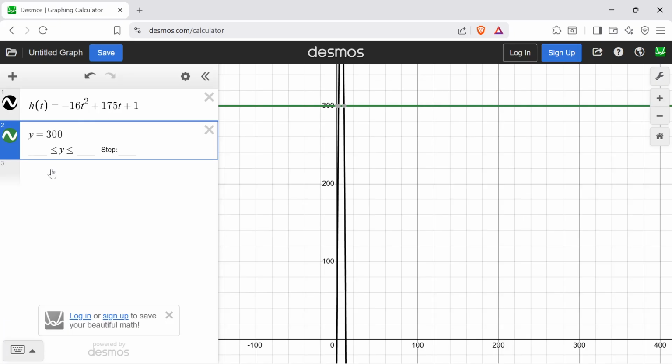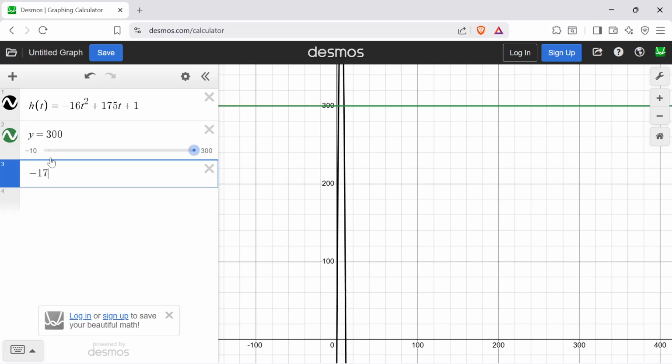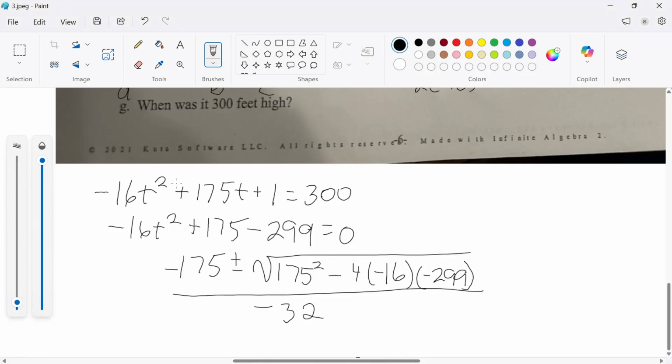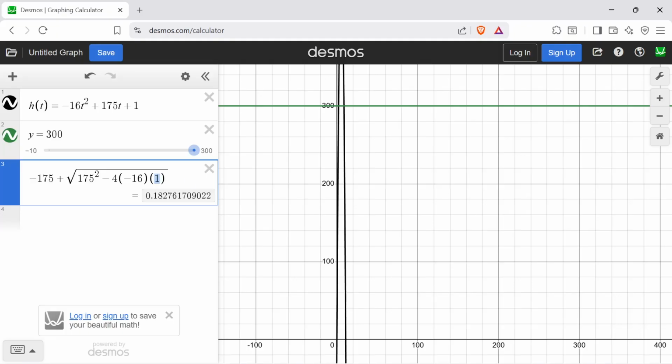And I will show that this will come out right. Negative 175 plus the square root, because this is what you would be doing on the calculator, 175 squared. I don't think that they would ever expect you to calculate this by hand. Negative 4 times it. Oh, that's negative 299, not 1 anymore.